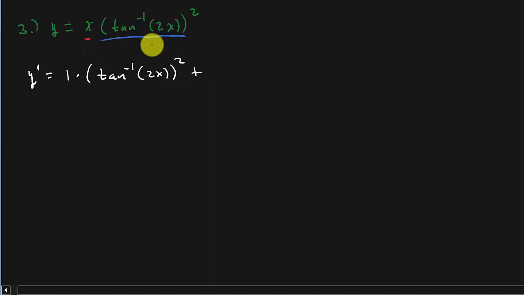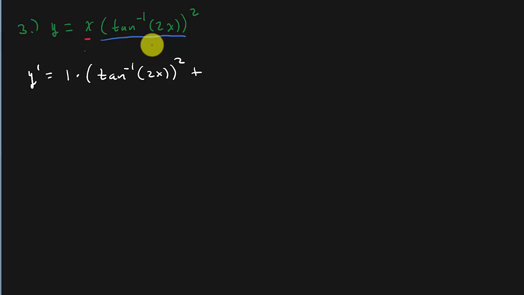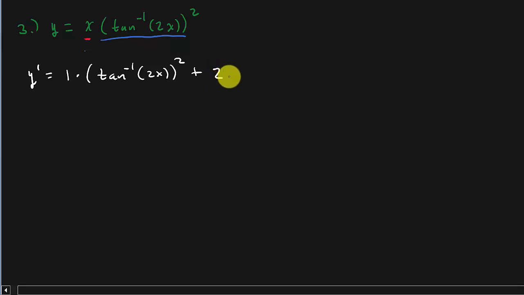Now look at this. For this one, we have to use the chain rule, right? So to do the chain rule, that is going to be 2 times inverse tan 2x, right?